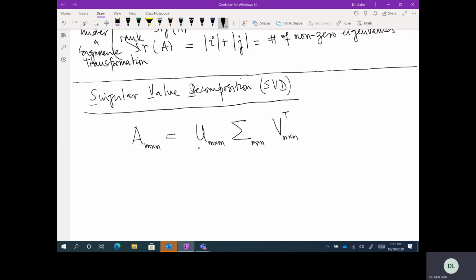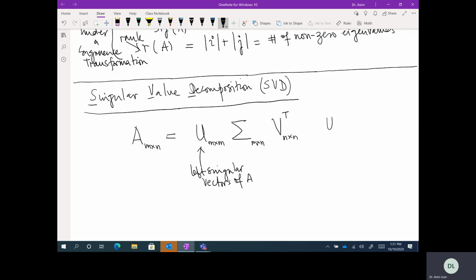So this will have the left singular vectors of A, and we'll define what the singular vectors of A are.